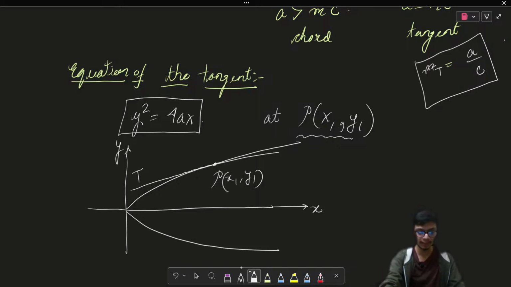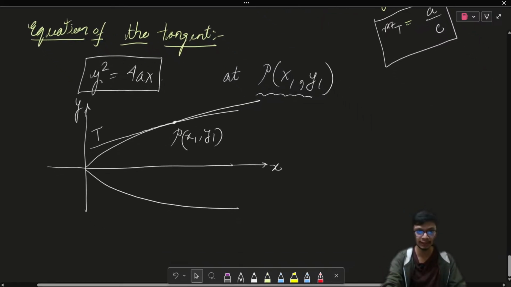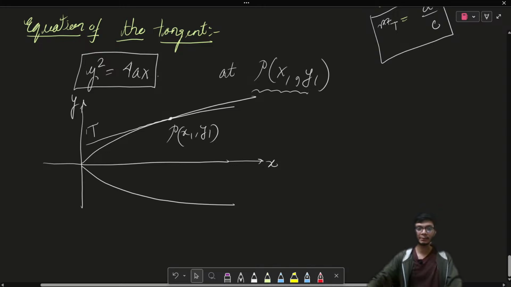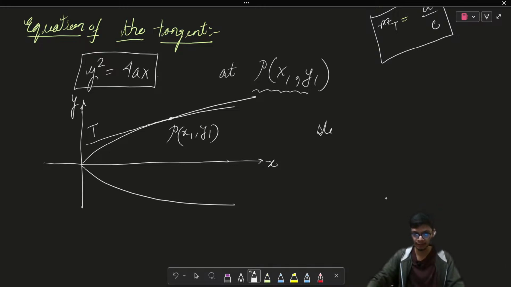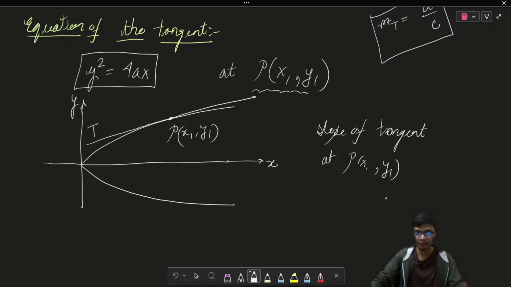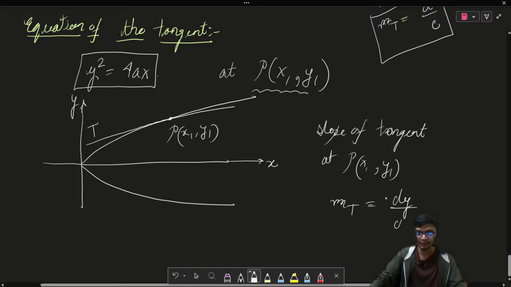Now let us try to apply the differential approach over here that we have learned in our chapter of applications of derivatives, right? So if I want to find the slope of the tangent to any continuous curve at this point P, which is given by (x1, y1), the slope of the tangent at this point is given by differentiating this particular curve with respect to x and evaluating at point P, right?